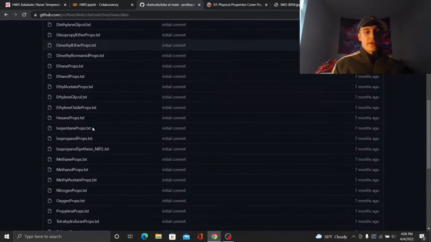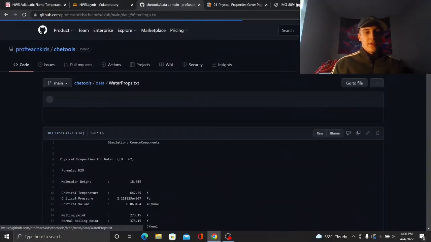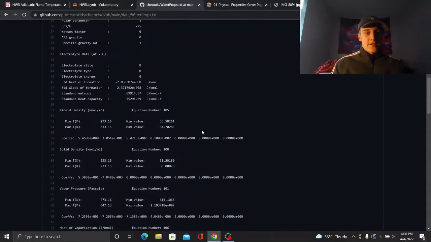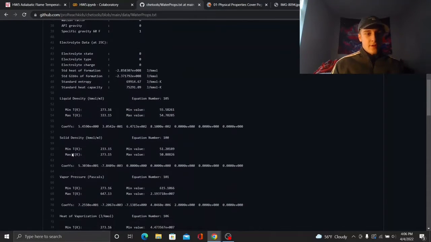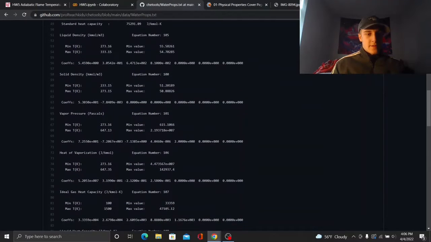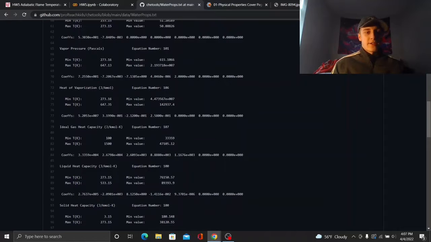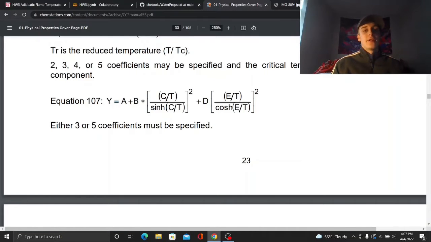So if we look at something maybe like water, right here, the heat capacity, it has these coefficients that will correspond to our A, B, C, D, and E in this equation.